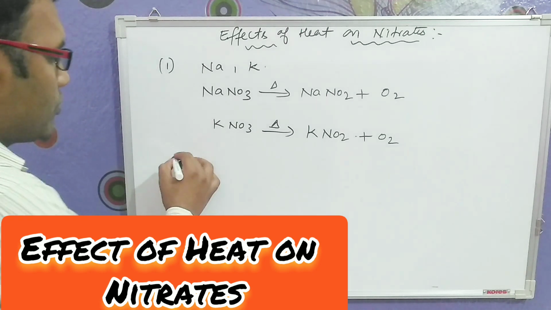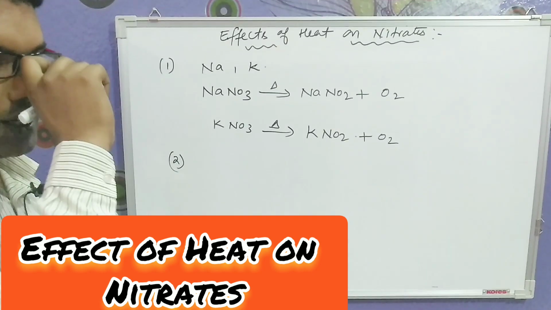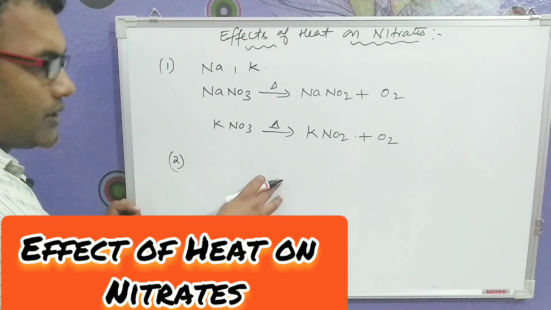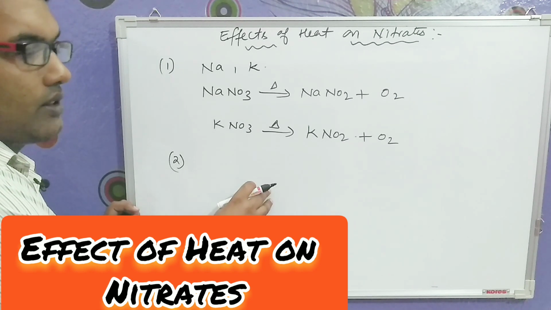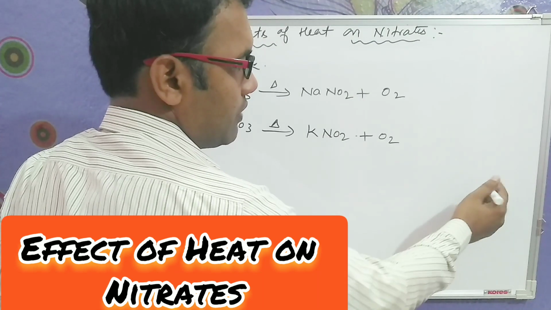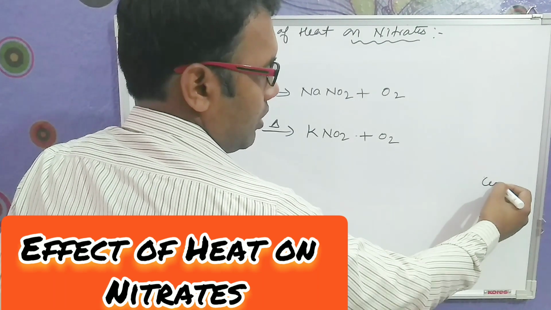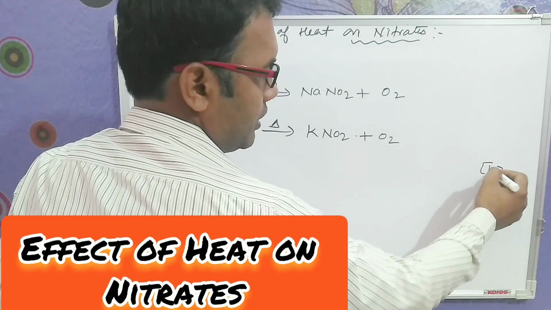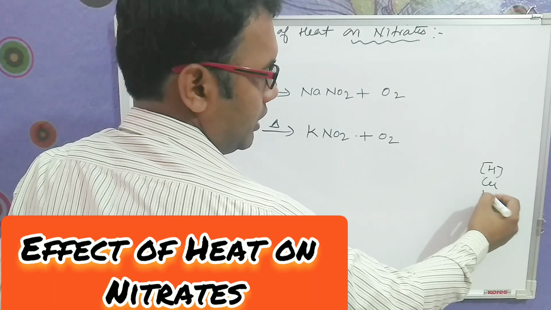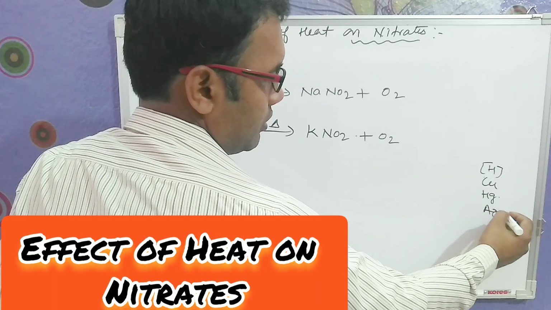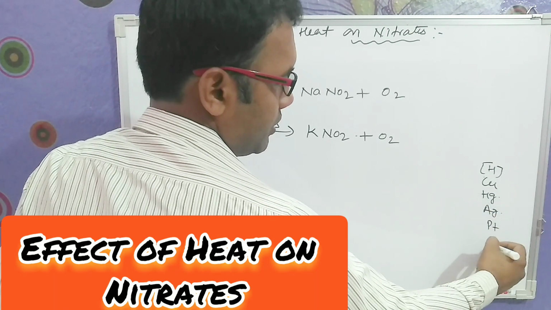Coming to the second one, consider any metallic nitrate, leaving out those that come after copper in the reactivity series. We have seen that after hydrogen is copper, then mercury, silver, platinum, and then gold.